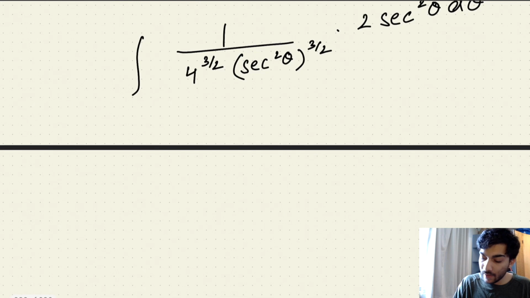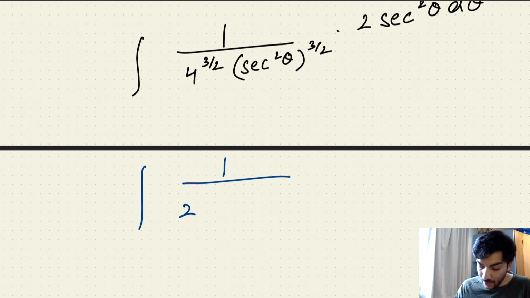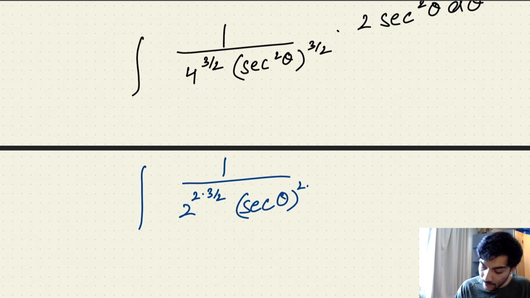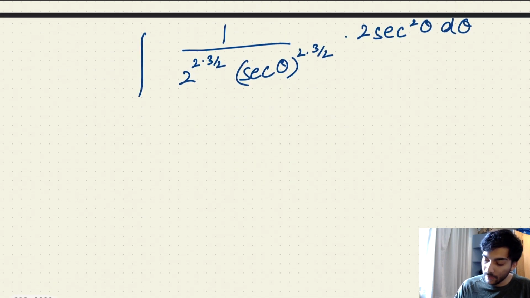Reducing this to a simpler form, 1 upon 4 can be written as 2 square, so 2 square to the power 3 by 2, and secant square theta can be written as secant theta whole square, with the 3 by 2 power as well. And the 2 secant square theta d theta is the same.